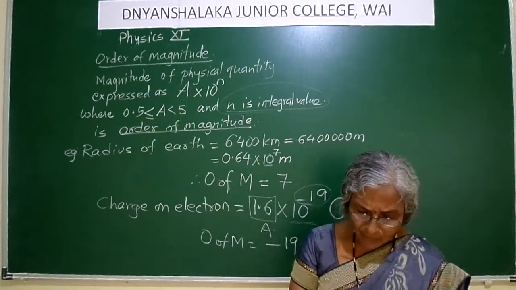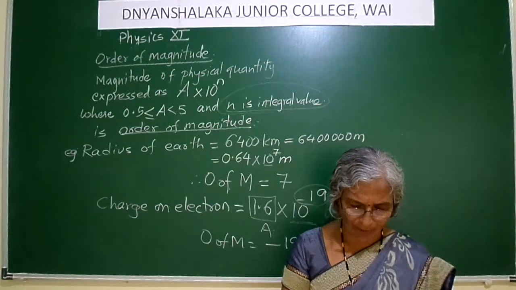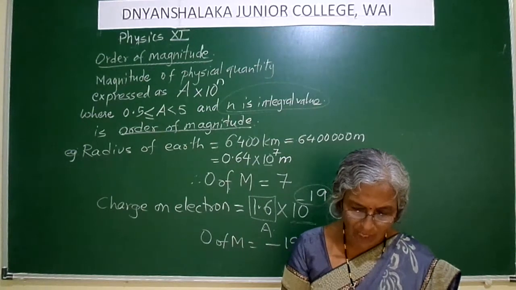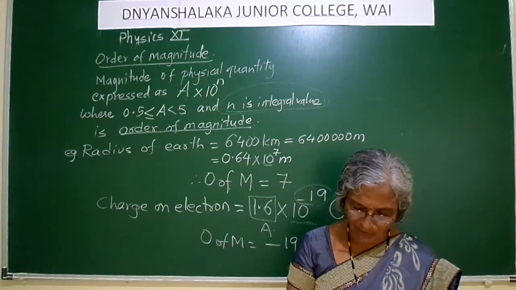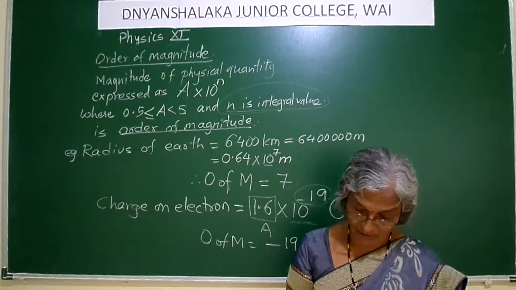Now, there will be some short answer type questions in your paper where you will have to write down the order of magnitude as well as the significant figures in the physical quantities.